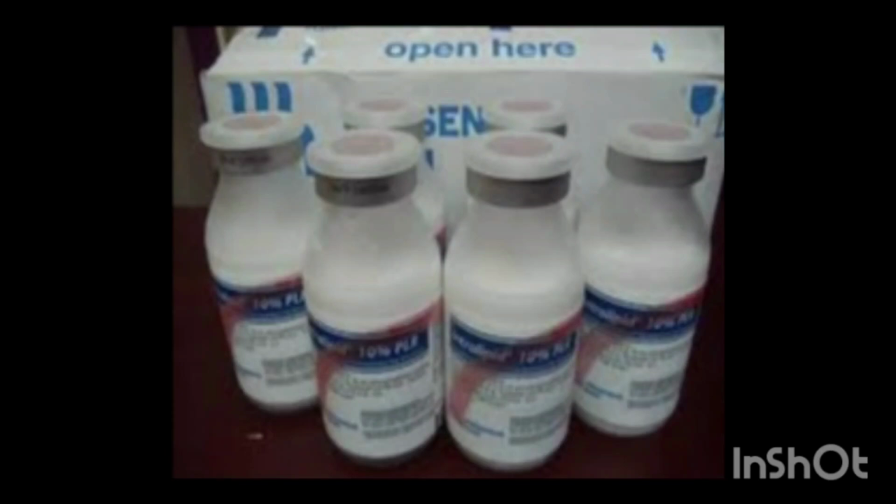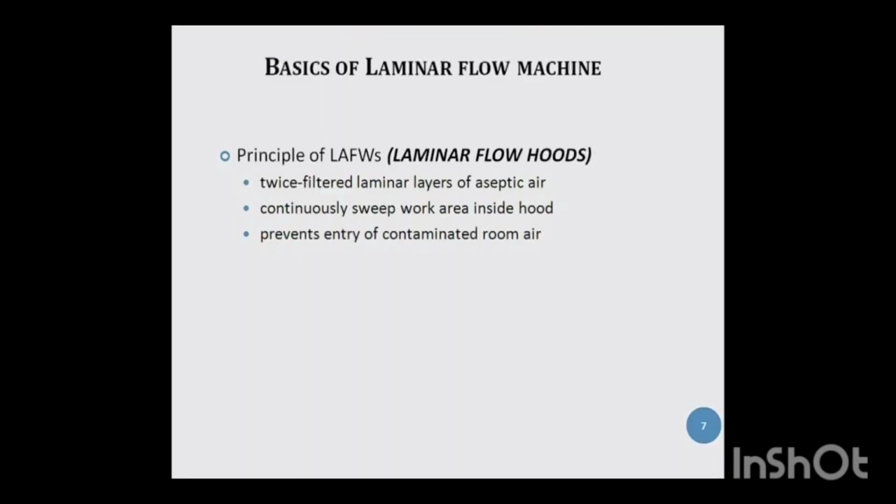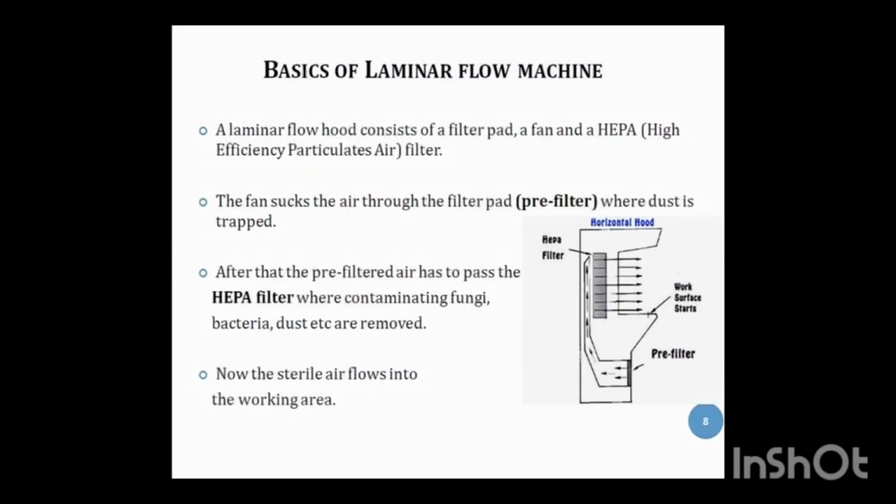Basics of laminar flow machine. So, the principle of laminar airflow is that there is a twice filtered laminar flow of aseptic air which moves and continuously sweeps the work area inside the hood, thereby preventing the entry of contaminated room air. A laminar flow hood consists of a filter pad, a fan, and a HEPA, which is a high efficiency particulate air filter.